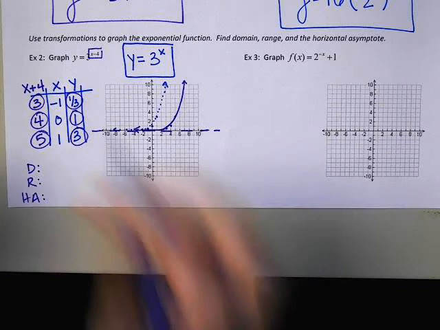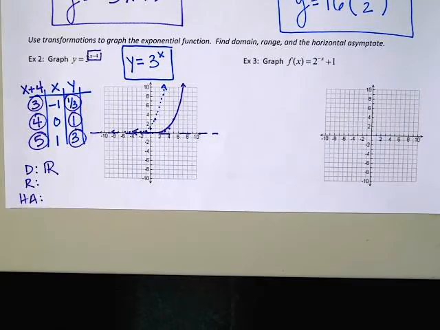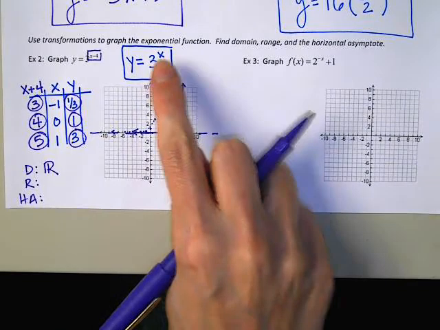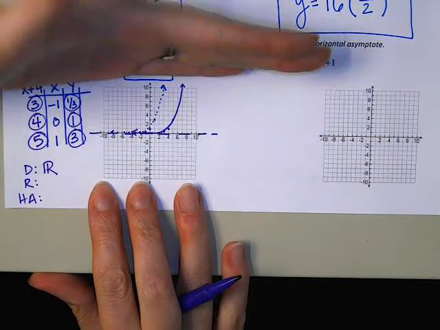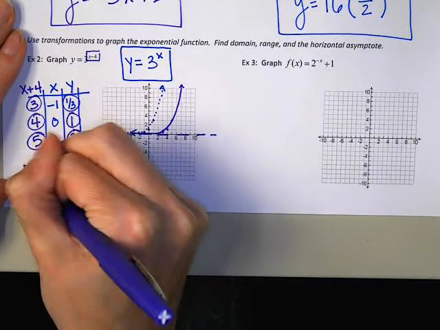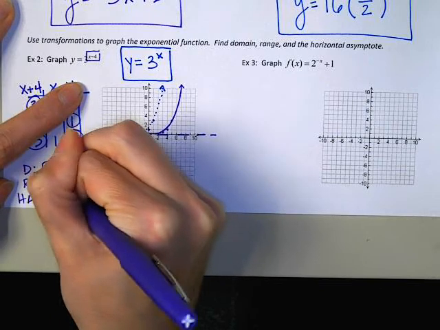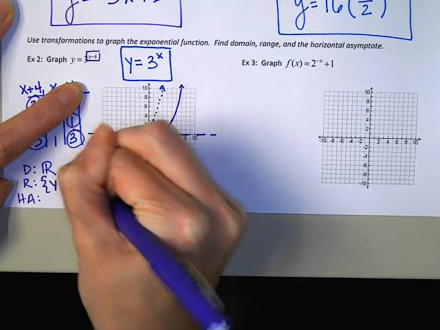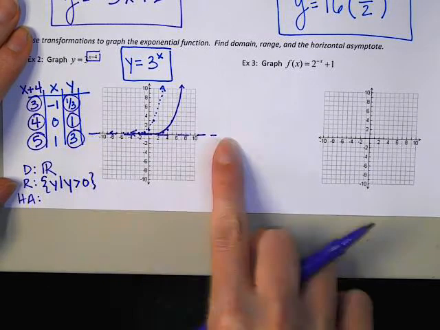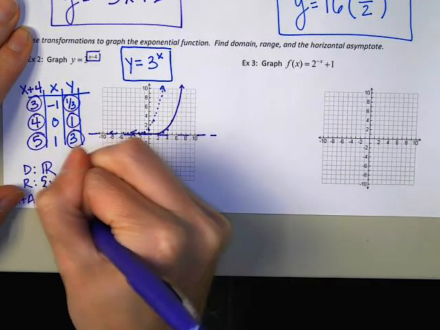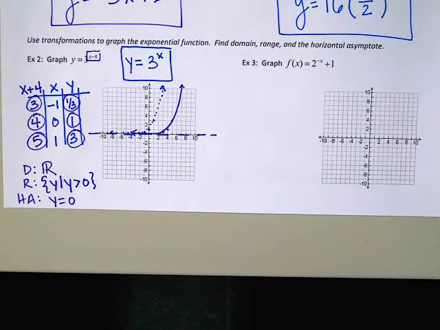Domain for an exponential is always all reals, because there's no x that you cannot just plug in. But the range, notice the whole graph is above 0. So the range would be all y's such that y is greater than 0. And then there's a horizontal asymptote at y equals 0. Okay, so that's your final answer.